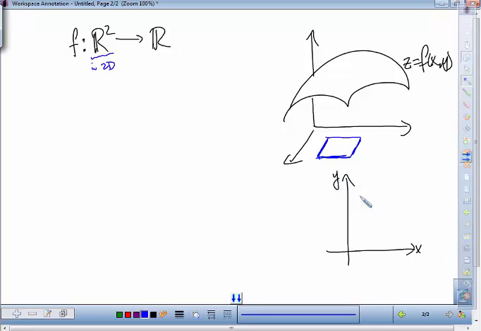Looking at this directly from the top, we can imagine that rectangular region is something that we can see flat. And we can even give it some values here, like say from A to B in the x, and then maybe from another two constants c to d in the y.